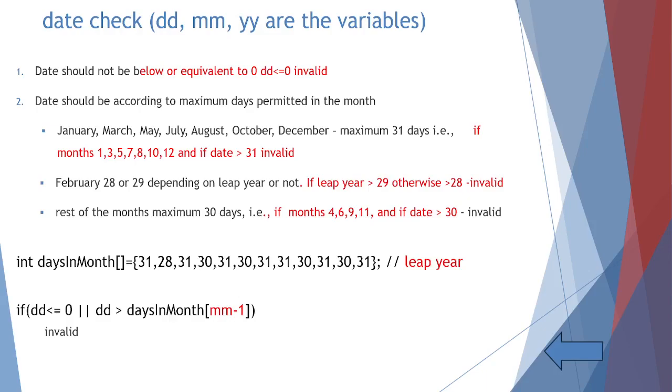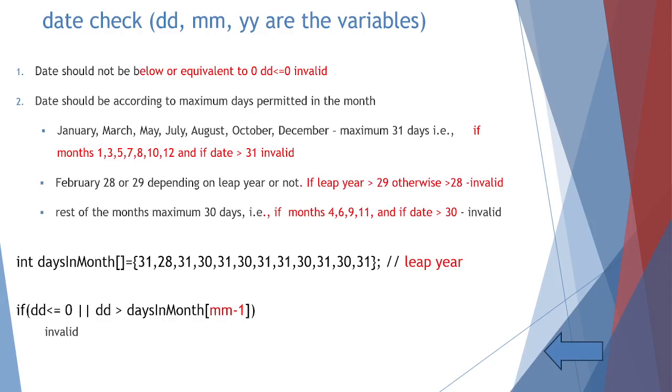So 2 simple if conditions for date checking: DD less than equal to 0, invalid, or DD, that is date, greater than days in a month of month -1.